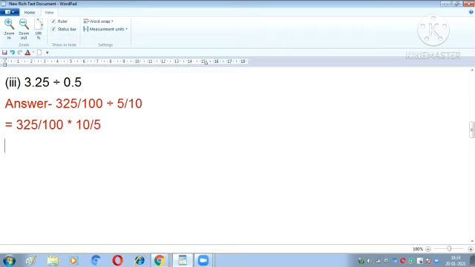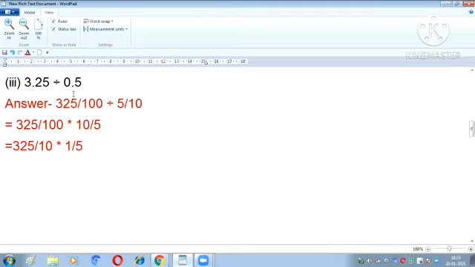So now we can cancel out the zeros. 10 is having 1 zero, and we will remove 1 zero from 100. Okay. So it will be 325 upon 10 multiplied by 1 upon 5.